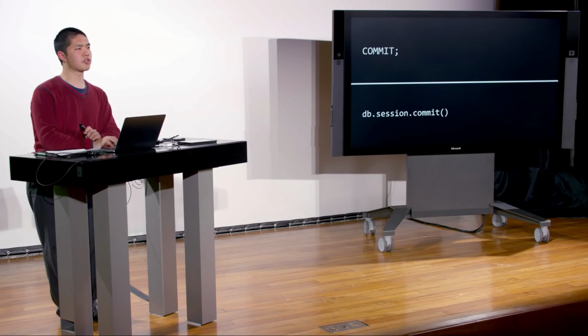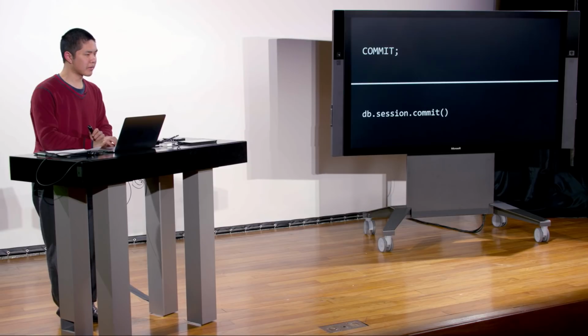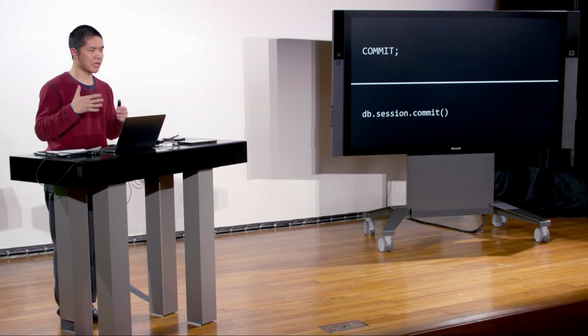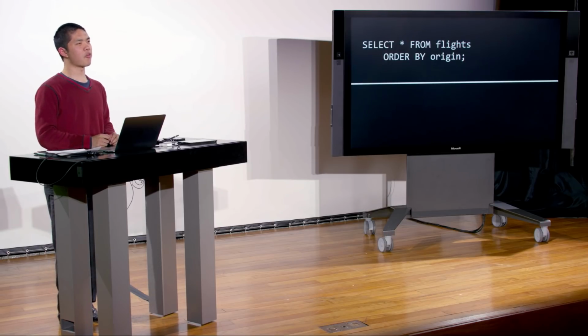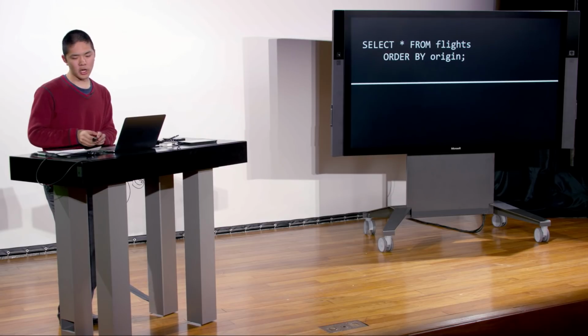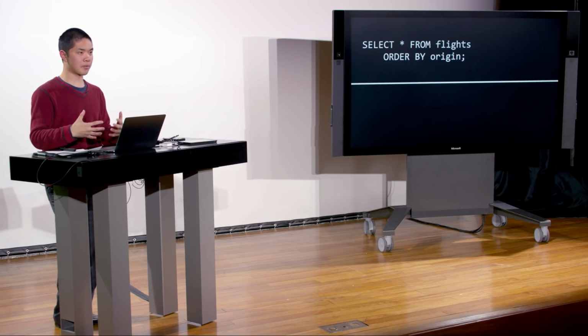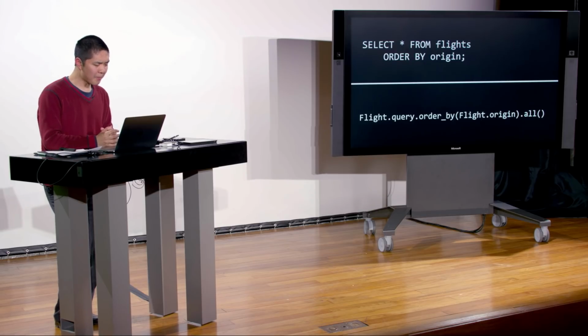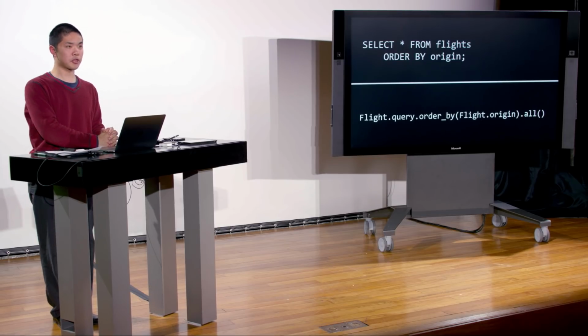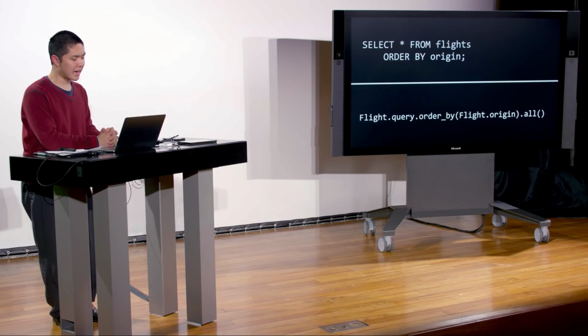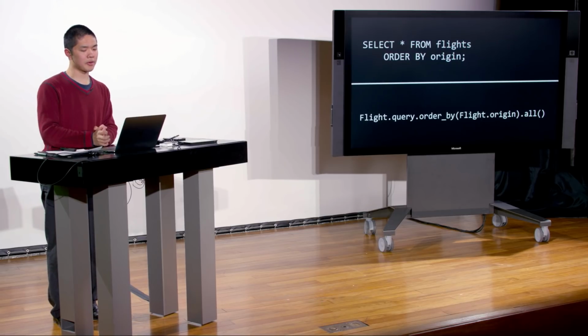What if we wanted to have slightly more advanced queries when we're selecting information from our table? So we saw before, maybe we want to select all of our flights in a particular order, ordering them by their origin. That might look something like this. Instead of filter_by, our SQLAlchemy syntax also has an order_by method that allows us to order our flights in a particular way.